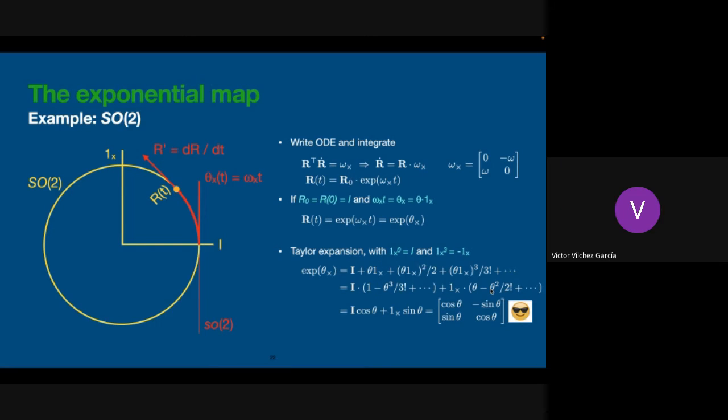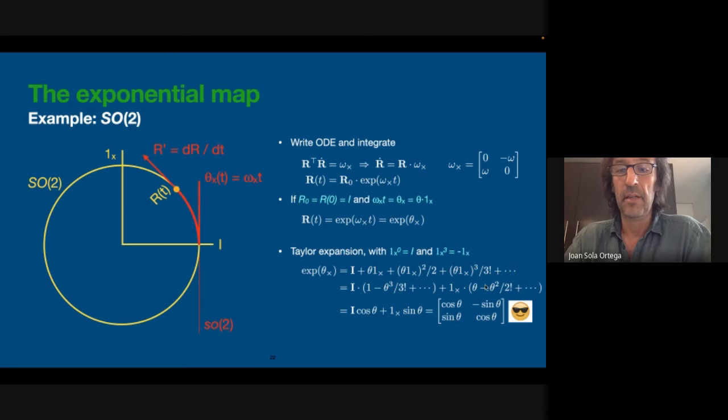Now this is the cosinus of theta, this is the sinus of theta, and you get this sum, I cosinus theta plus 1 cross sinus theta. Then you arrange, this is a matrix, this is another matrix, you put them together and you get this matrix. Good. You knew that this was the rotation matrix in 2D.